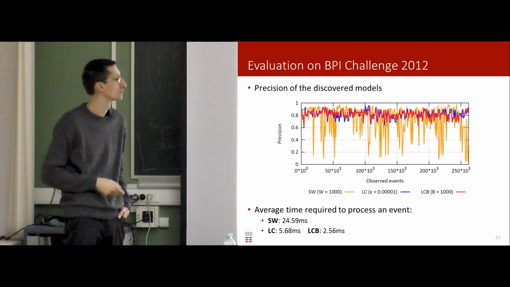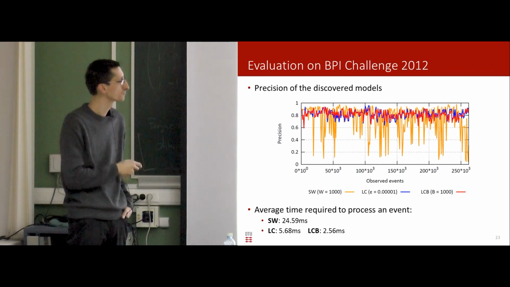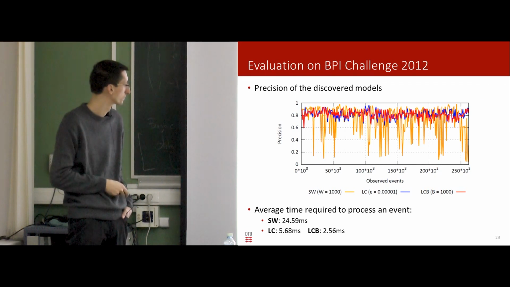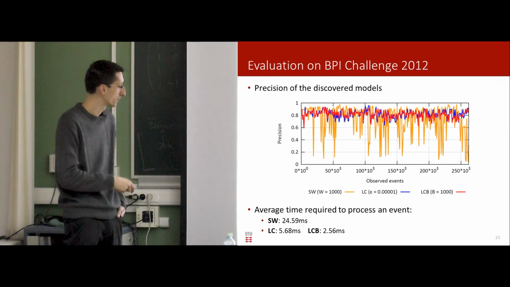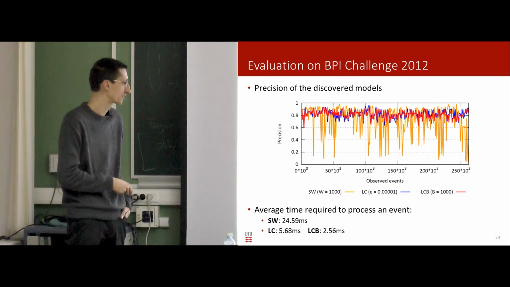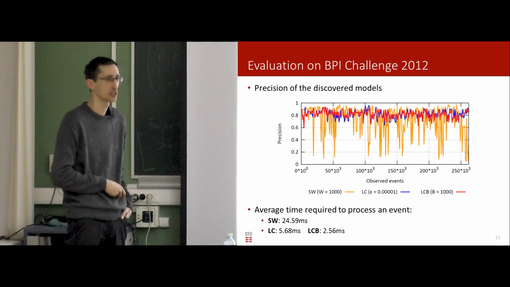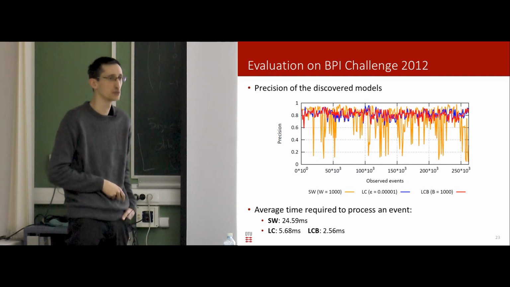So the model is also not so good. And the average time required is again an order of magnitude faster for lossy counting and lossy counting with budget compared to sliding window.